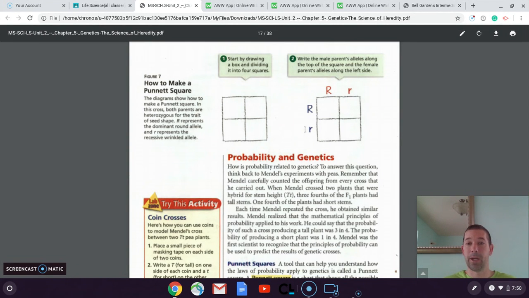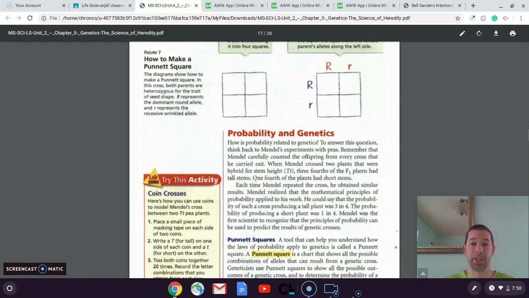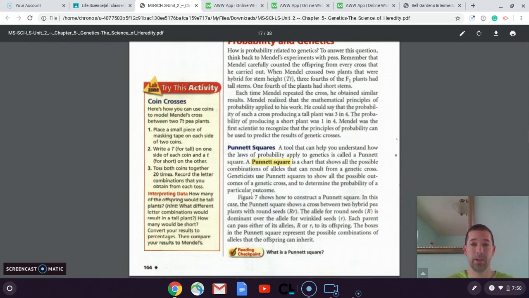So you just keep combining them in. There's an example down below. Make sure you know the definition of what a Punnett square is. And remember that the keyword here is possible. It's showing the possible combinations, not actually what would happen for sure.